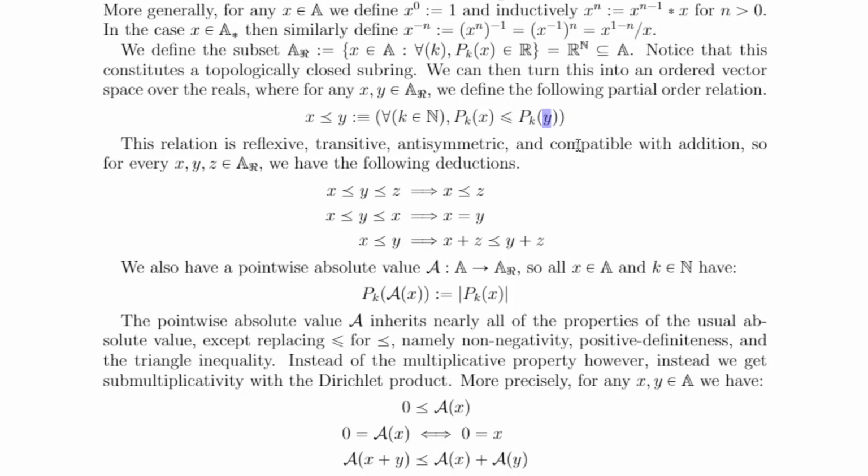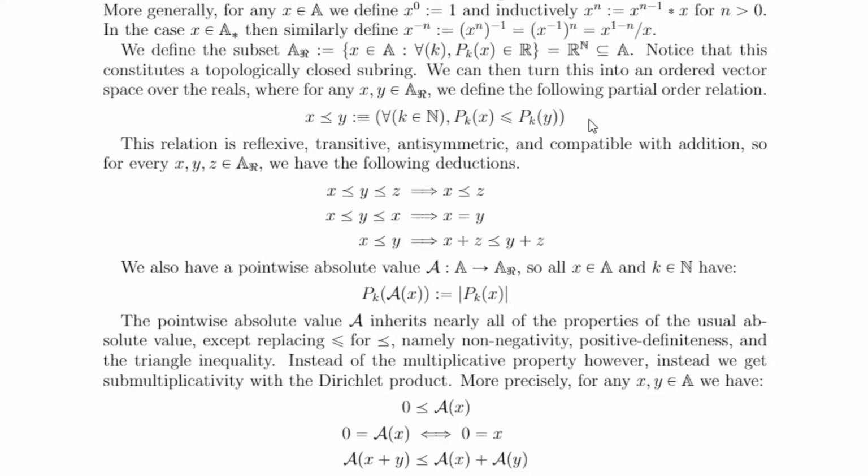It's sort of hard to visualize. If you've ever done real analysis, this is similar to the idea of absolute continuity, where on every index, on every projection, x is less than or equal to the same projection of y. So it's sort of dominated by y on every projection.